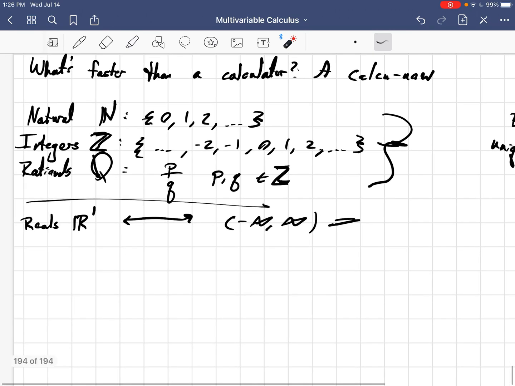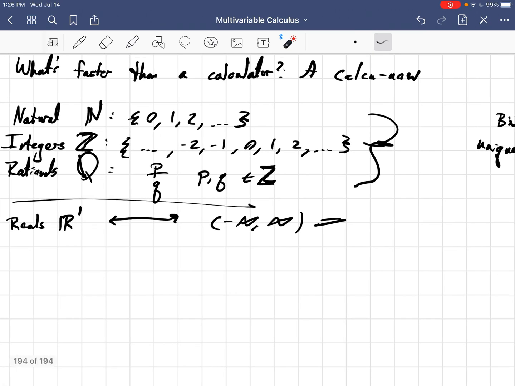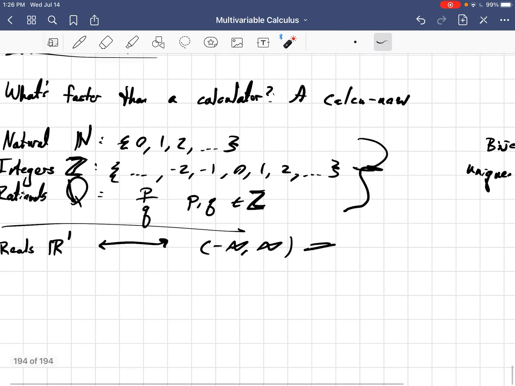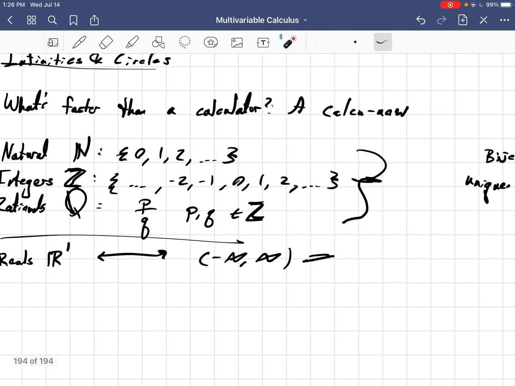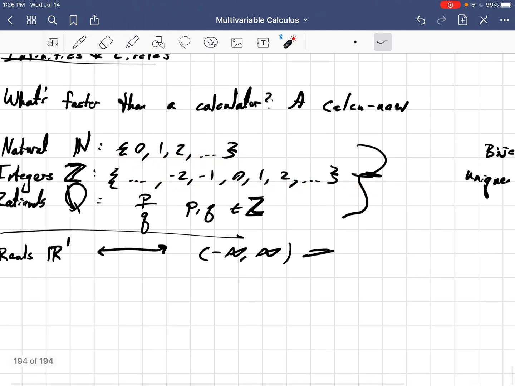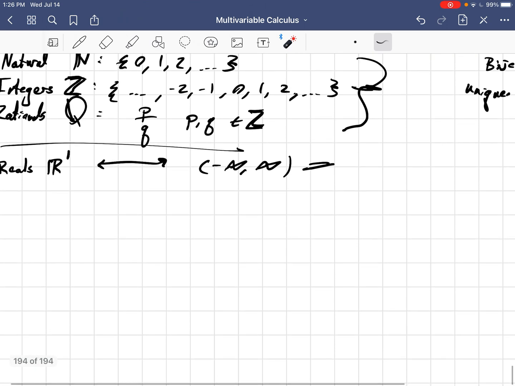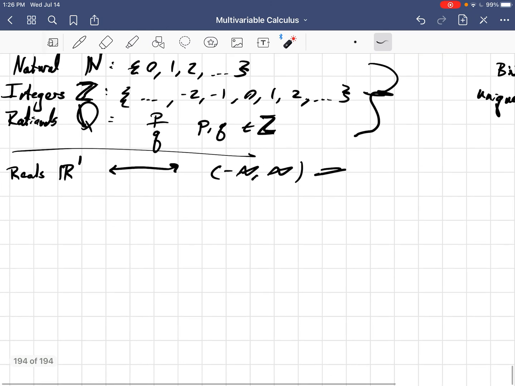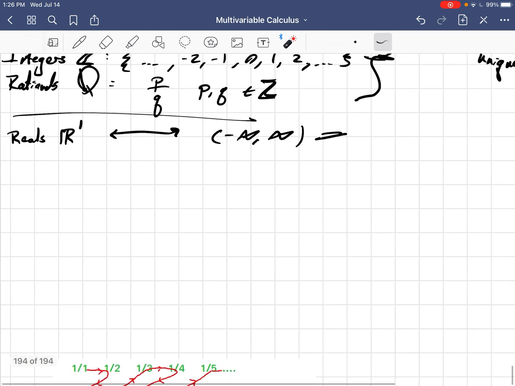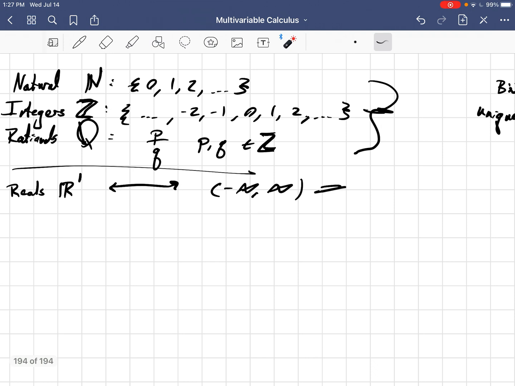If they're both the same size, then there exists a function that can map every number in this set to every number in that set. That's how we go about determining, in a more rigorous sense, which would be talked about in real analysis, how infinities are bigger than one another. And with the natural numbers and the integers, that's a pretty easy thing to do.